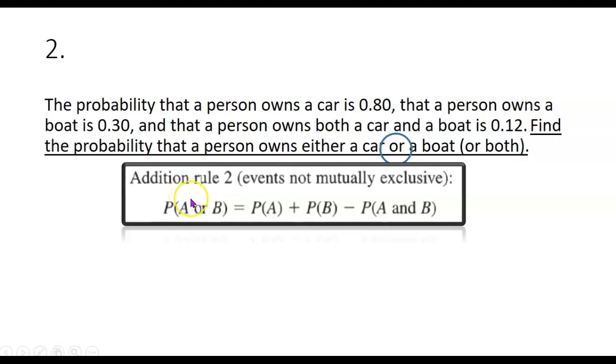So the rule that we're using says to find the probability of a person owning either a car or a boat, we need to take the probability of owning a car plus the probability of owning a boat minus the probability of both of those things being true, a person owning a car and a boat. We're given what all of those are, so we just take 0.80 plus 0.30 minus 0.12 to get our final answer of 0.98.